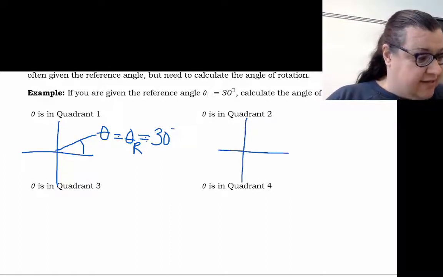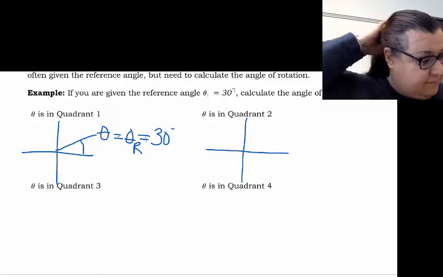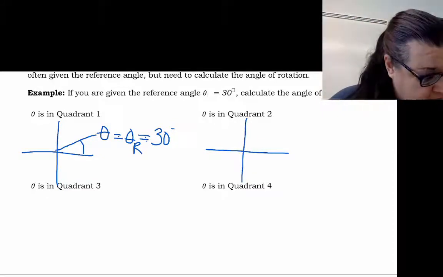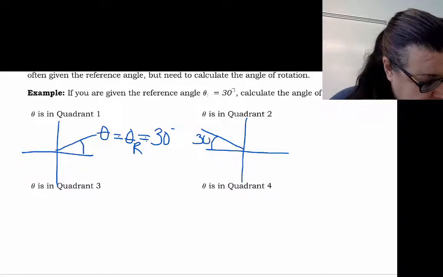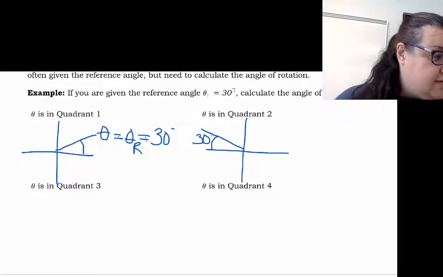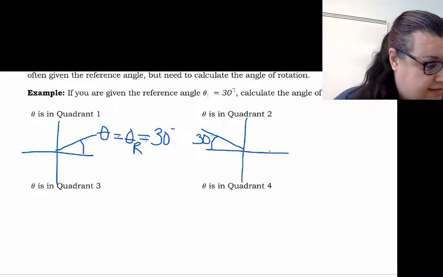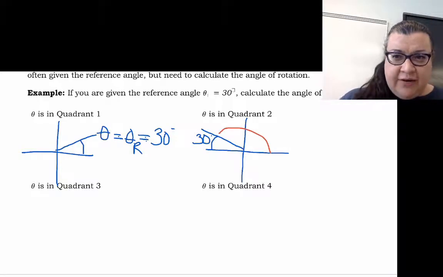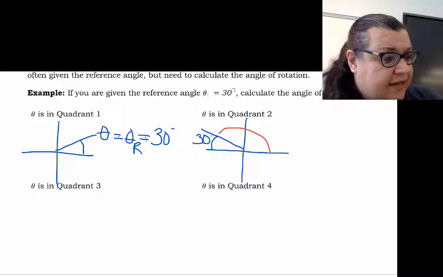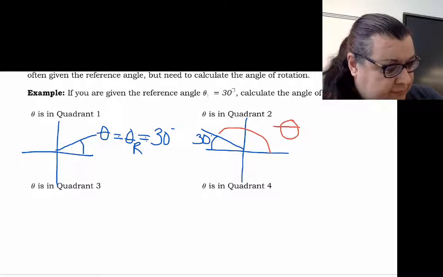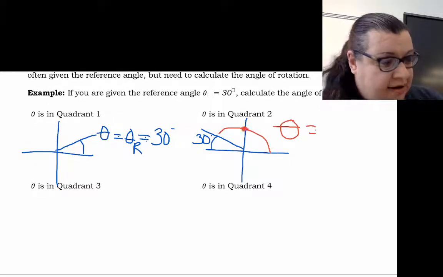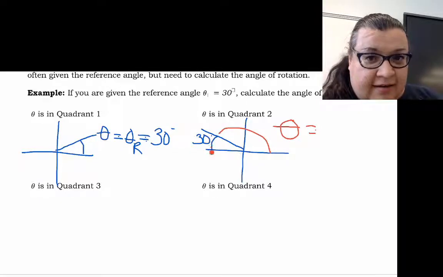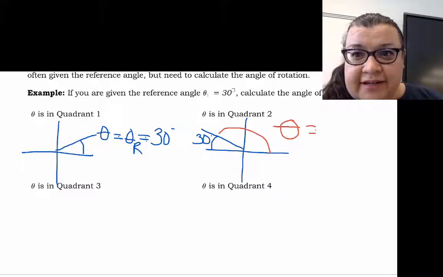When our reference angle is 30 degrees, but our principal angle is in quadrant 2, what we're saying is that this is 30 degrees, because that is your reference angle. So what is your principal angle? Well, it's this, right? Well, how would we figure that out? As we can actually see in the picture here quite nicely, our principal angle here and our reference angle here would add up to 180 degrees.